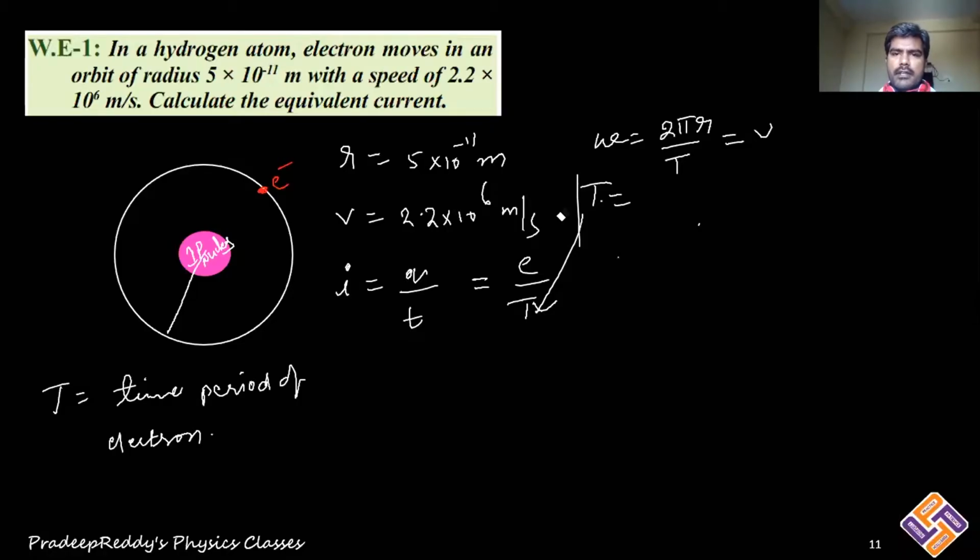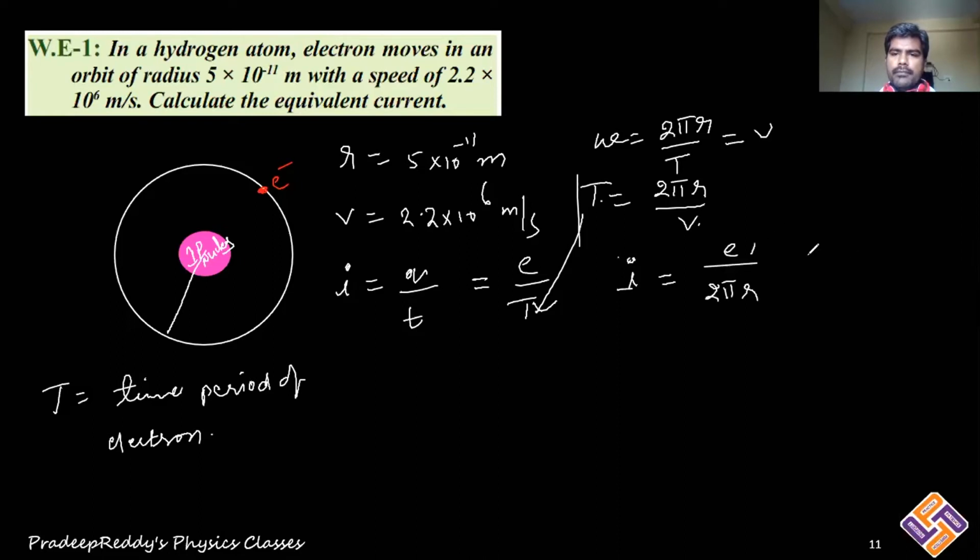I'm sorry students, I have just written the time taken in reverse. Time taken is equal to 2 pi r divided by v. So therefore I, the current, is equal to E divided by T, which is E v divided by 2 pi r.